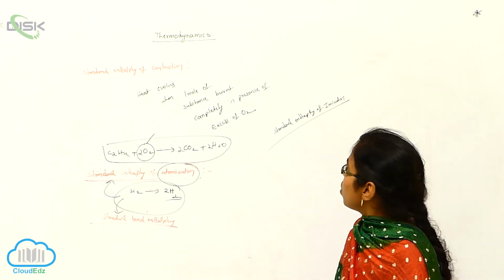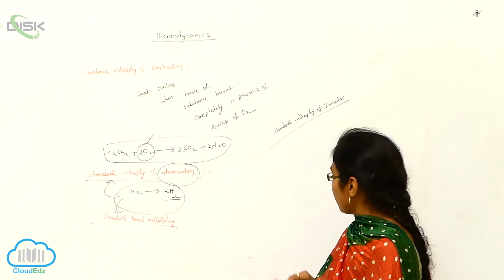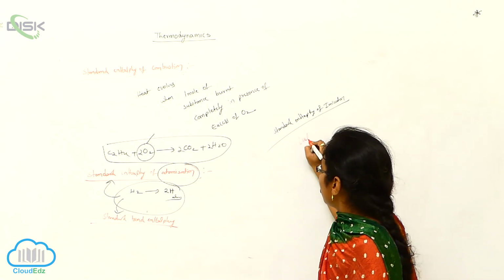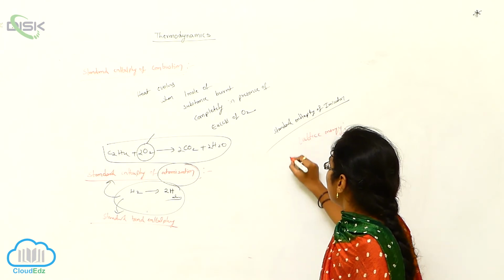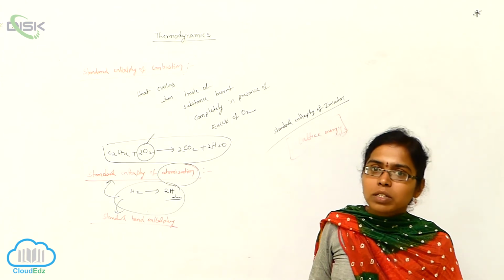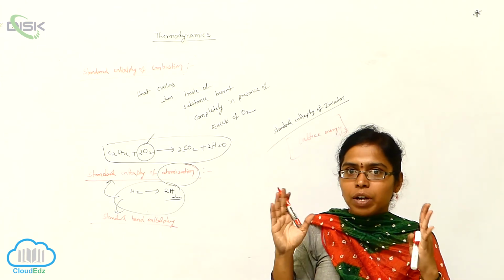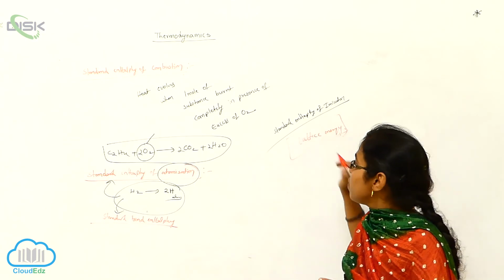After this we also discuss lattice energy. Lattice energy is also the same, absorbing or releasing energy. Whenever the smallest atoms get together and form a crystal or lattice, that is called the lattice energy.